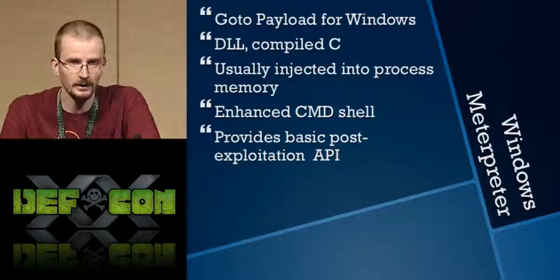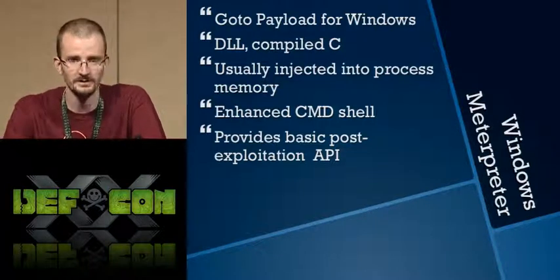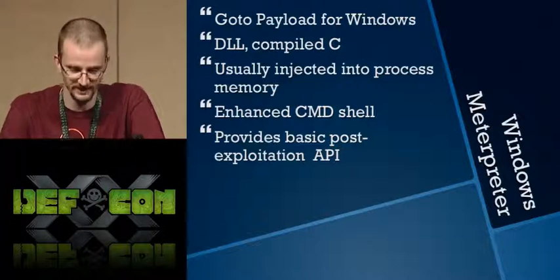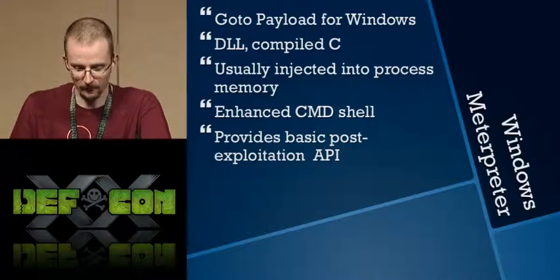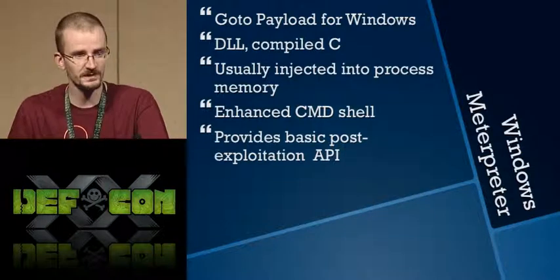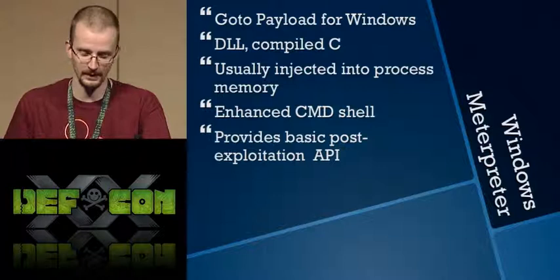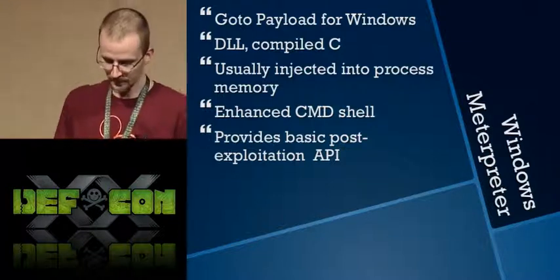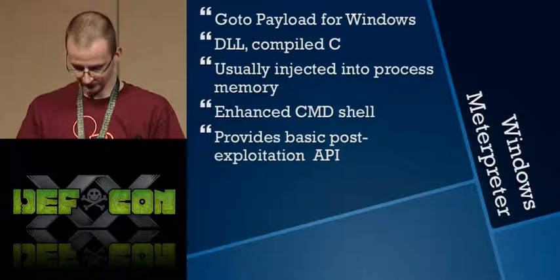It is a compiled C DLL that most of our exploits inject into memory via a stager. So it provides an enhanced command shell, but what's really important is that it provides a standard API that module developers can code to. And it provides a lot of functionality.